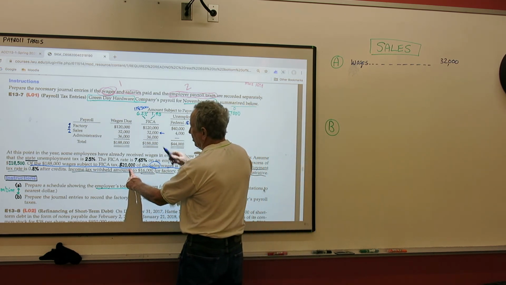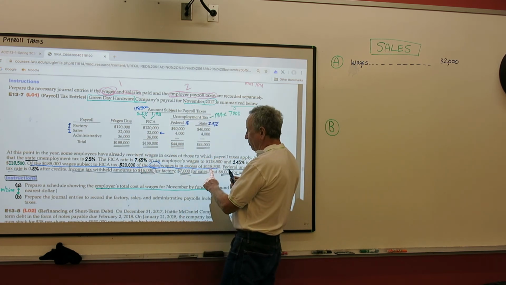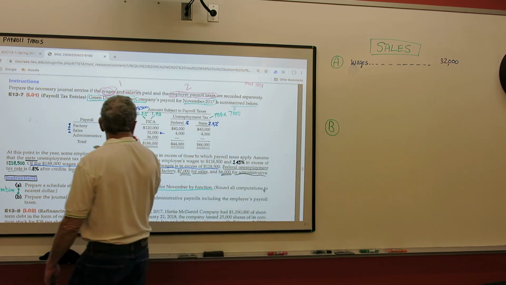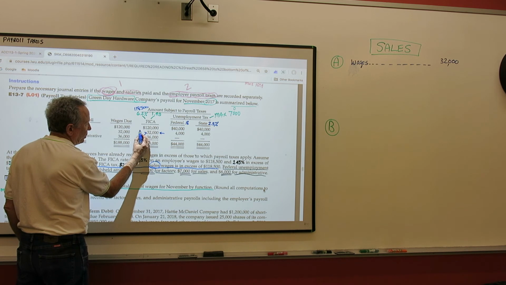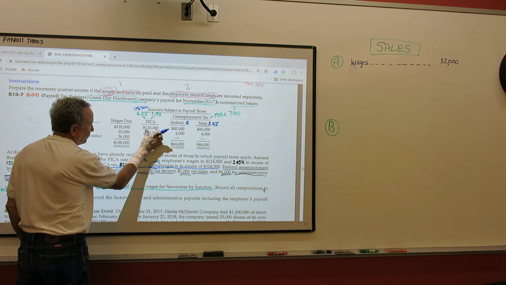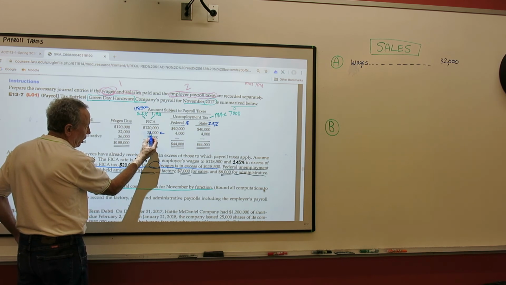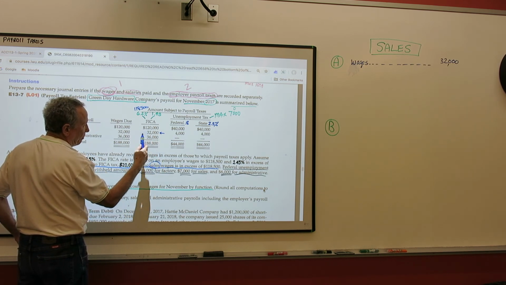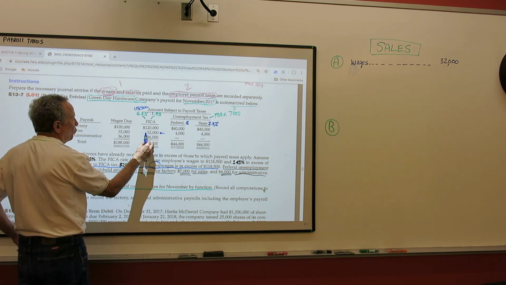So of this 32, 20,000 has already gone past the 118,000. So 20 from 32 is 12.